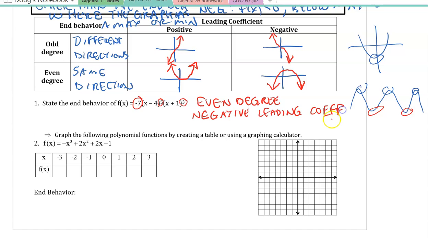So as we look back to our notes, we see that our end state behavior will be as x approaches negative infinity, f of x will approach negative infinity. As x approaches positive infinity, f of x will approach negative infinity.